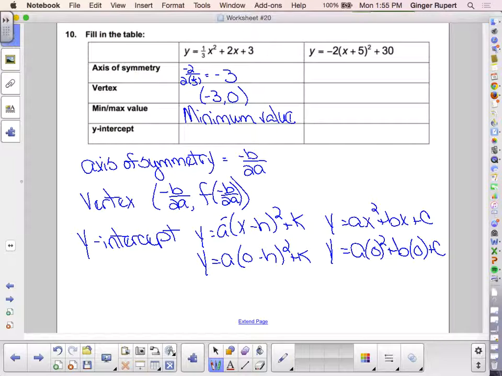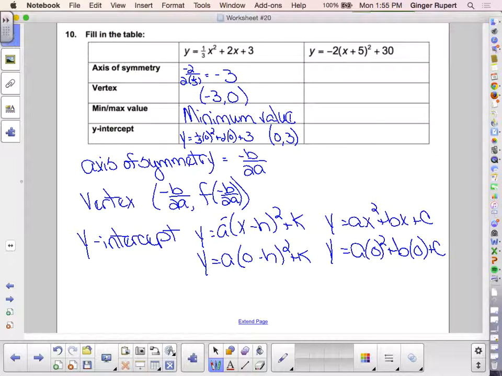So for this first, I have y is equal to 1/3 times 0 squared plus 2 times 0 plus 3, which gives me a y-intercept of (0, 3).